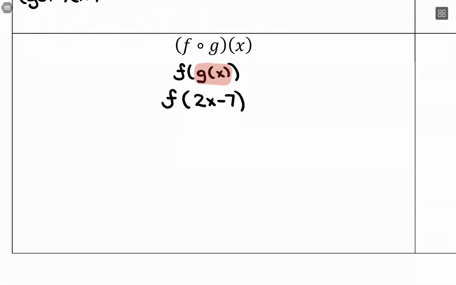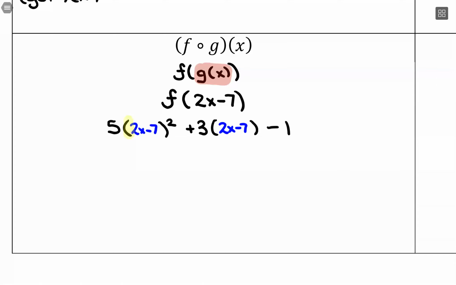So my function f tells me to take 5 times the input squared plus 3 times the input minus 1. And our input is this expression 2x minus 7. Change the color there so you can see how it's input. 2x minus 7, 2x minus 7.